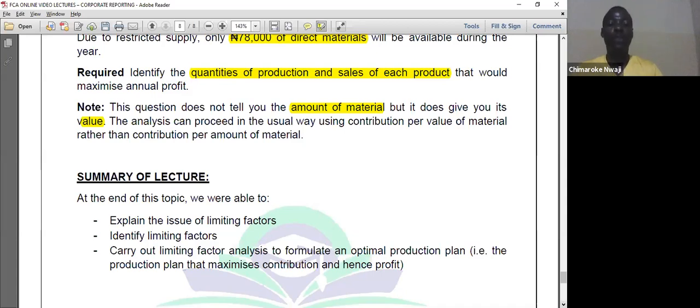When you get to the point where you have exhausted everything, you cannot keep moving from left to right. You now start moving from right to left. You normally say the number of units required multiplied by the scarce resource per unit gives you the number of scarce resources used up, that is going from left to right.